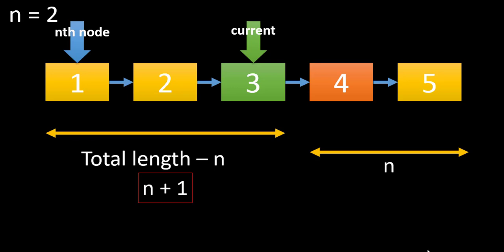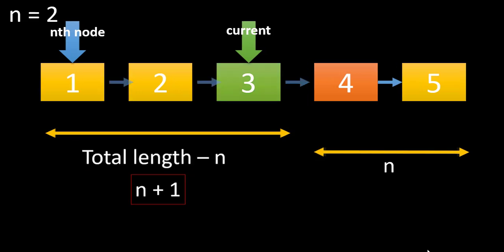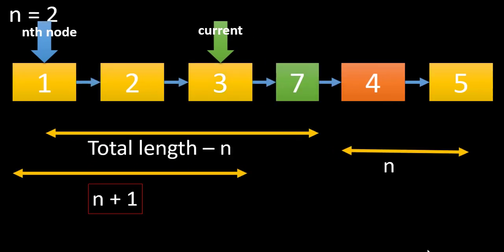Now in order to be sure about the position of this current, we will introduce one more node, and now we know that the current points to the n plus 1 node, which can or cannot be equal to total length minus n. So all we need to do is have a first loop where we move our current pointer n plus 1 nodes.